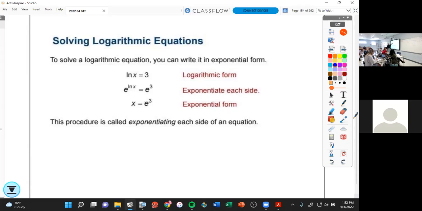If I want to get x by itself, what's the base for natural log of x? e. So because the base is e, I'm going to make those exponents. So natural log of x becomes an exponent, 3 becomes an exponent. e to the natural log basically cancels. So I'm left with x equals e cubed. So that is what we do.